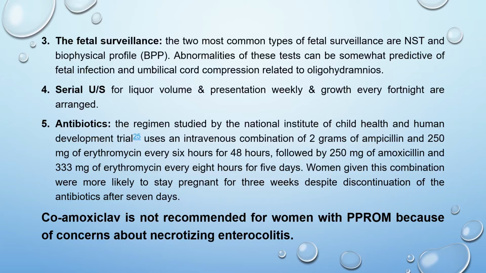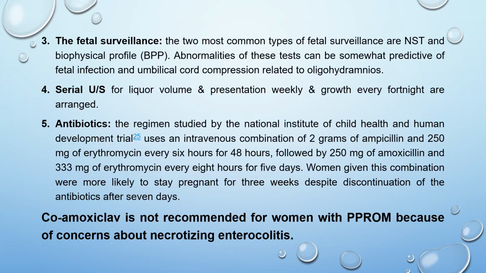Antibiotic قلنا إنه the regime studied by the National Institute of Child Health and Human Development trial uses an intravenous combination of 2 grams of ampicillin and 250 milligrams of erythromycin every 6 hours for 48 hours, followed by 250 milligrams of amoxicillin and 333 of erythromycin every 8 hours for 5 days.